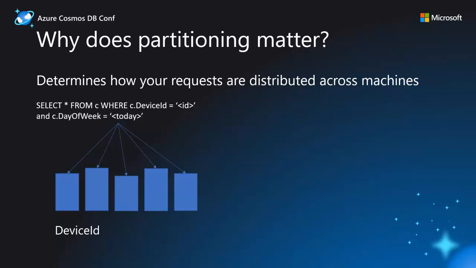Maybe we're doing some analysis and we want to see is traffic picking up on Mondays. So in this case, every single one of these individual queries is still scoped, and they are spread evenly across all of our partitions. We're querying for a wide range of device IDs. It's likely that our request will be distributed. This is what we want.